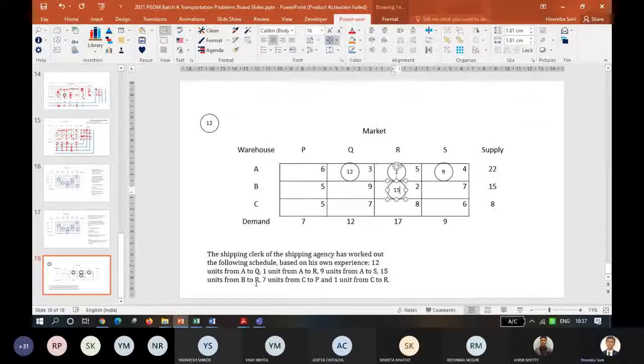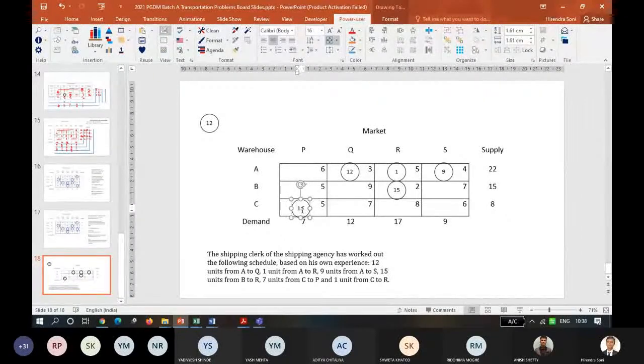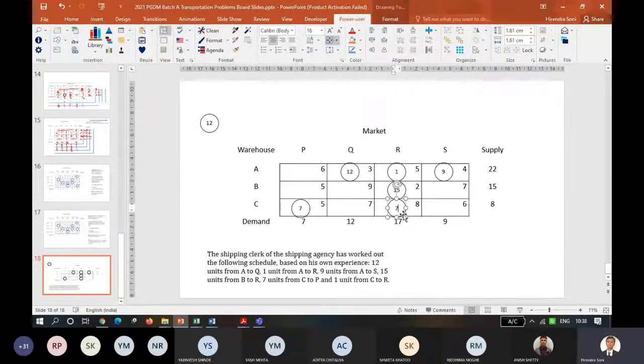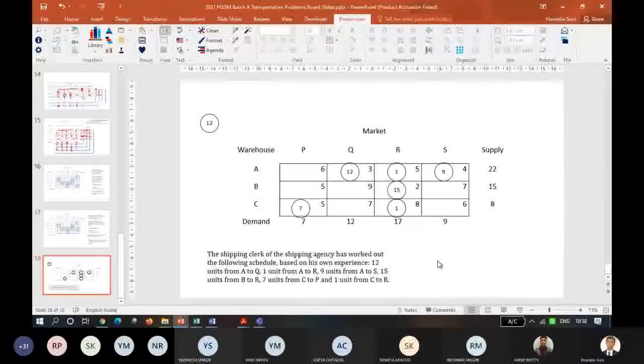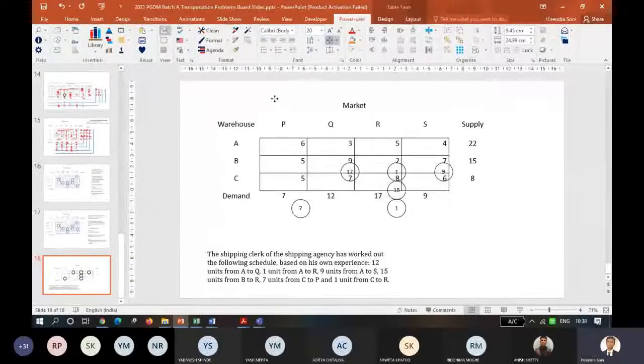After that, 7 units from C to P. And then 1 unit from C to R. Is this a basic feasible solution?